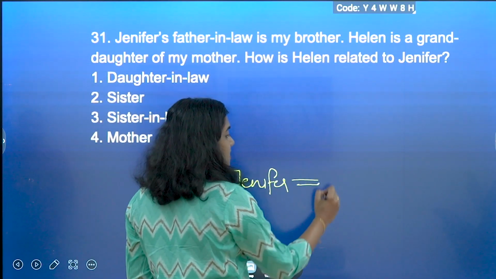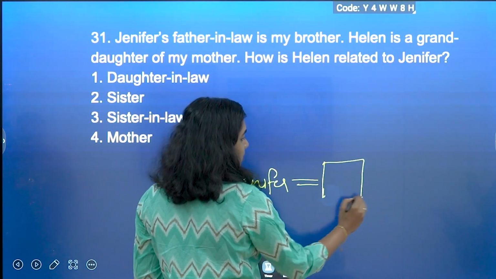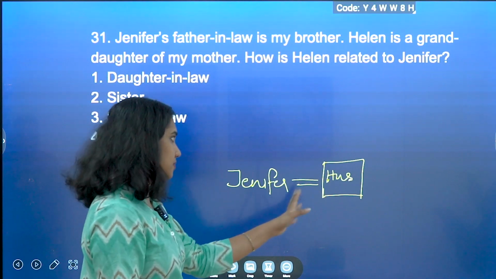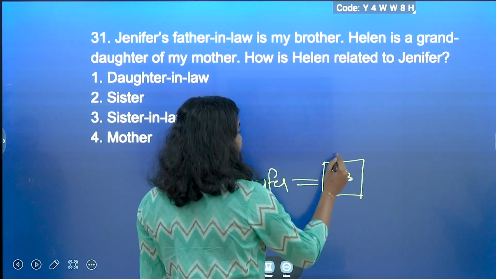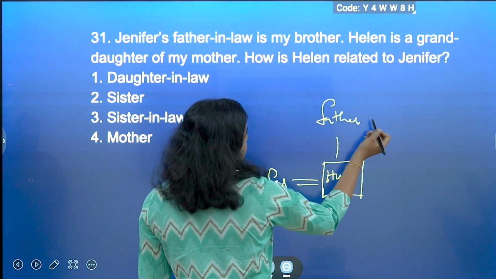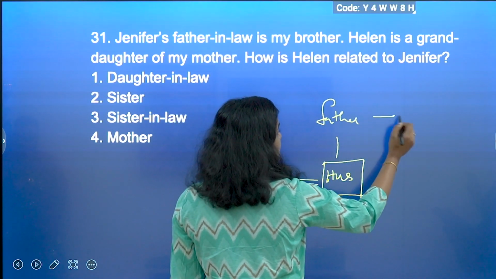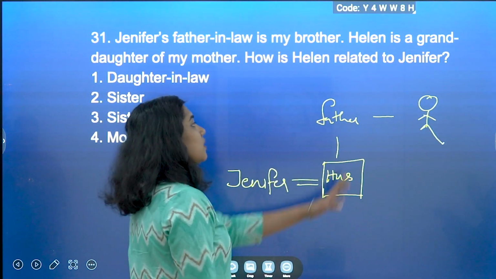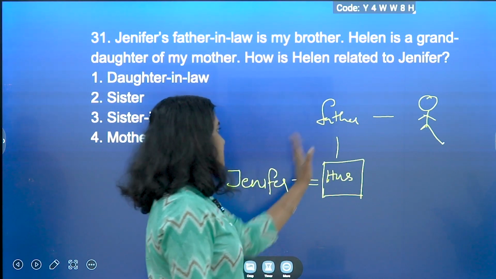In the last video I told you I'm using an equal sign to denote couples. So her husband has a father, and he is the man's brother. Let's say this is that man. So his brother is Jenifer's father-in-law.